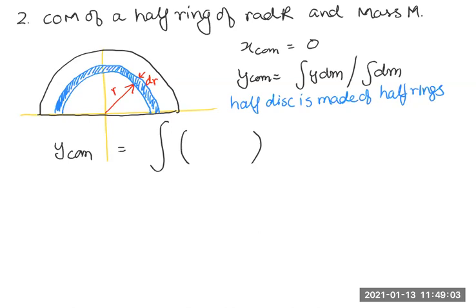So I must write down the y coordinate of center of mass of a half ring. Fortunately, in the last class, that is what we have found. So what is the y coordinate of center of mass of a half ring?